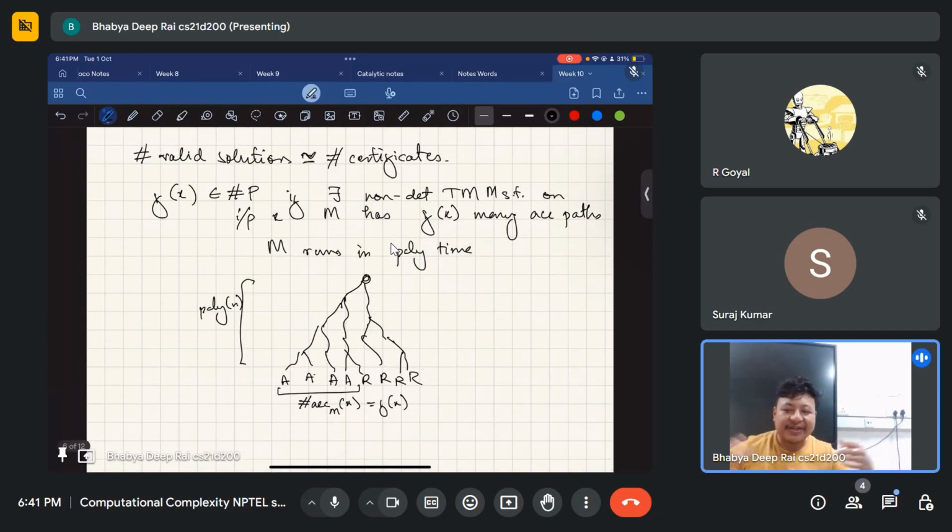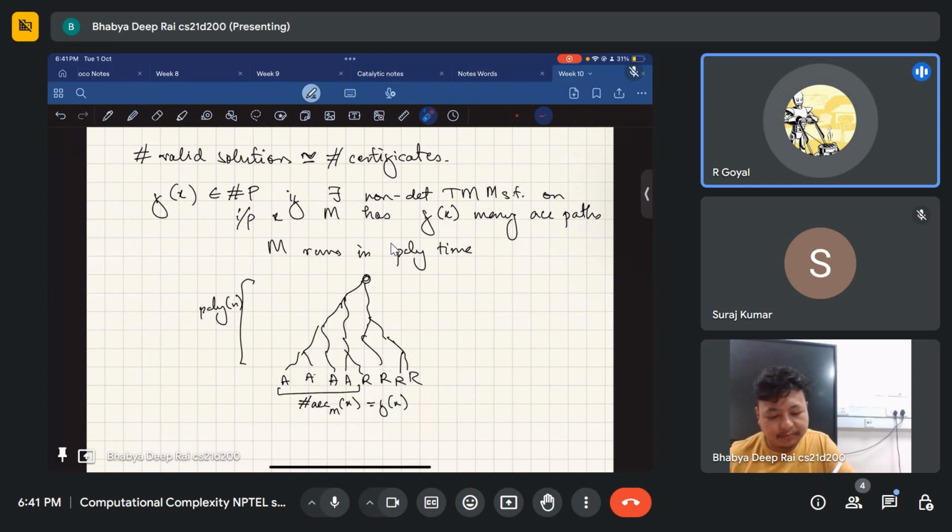And now I have this special class of problems such that there are machines, and I want to compute f of x, but I do it in a very strange way. f of x is in sharp P if I have a non-deterministic machine such that on an input x, the number of accepting paths is equal to f of x for all x.